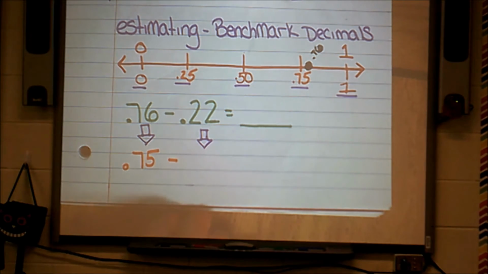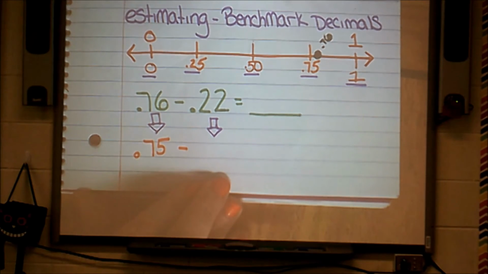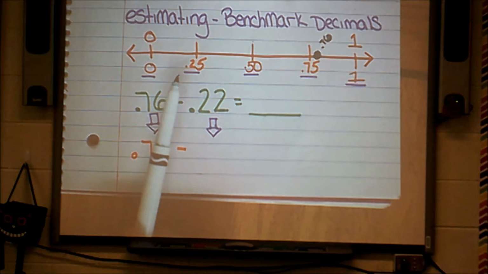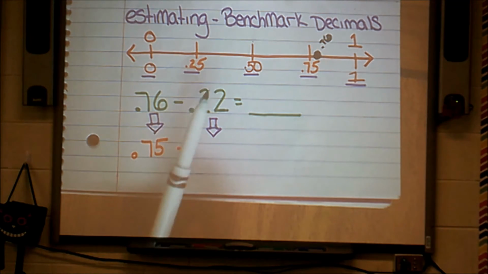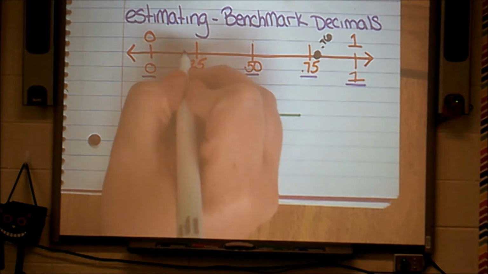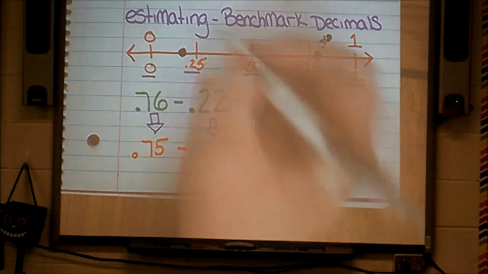Next, I need to locate my 22 hundredths on my number line. Now 22 hundredths is more than 0, but it is not more than 25 hundredths. It's also close to 25 hundredths, so I'm going to put it about right there.